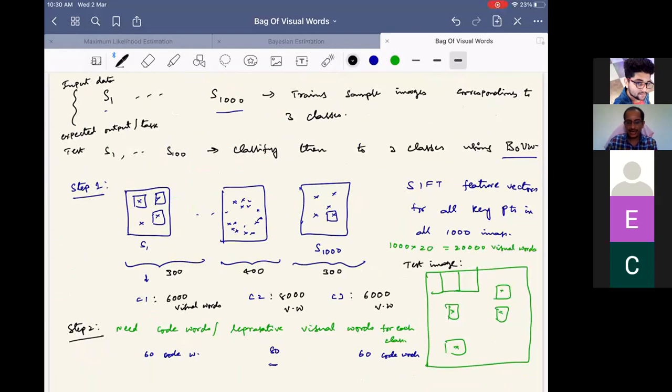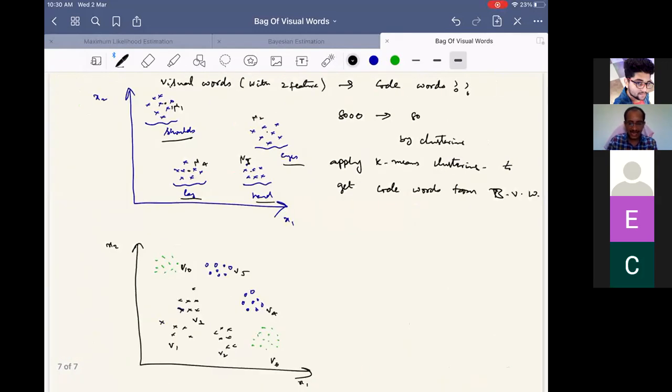One way is we get the code words differently for each class, then form the bag of visual words V1 to V10. These might have come from class 1, these from class 2 and class 3. Then I see the frequency of visual words, or code words, V1 to V10, for a test image.